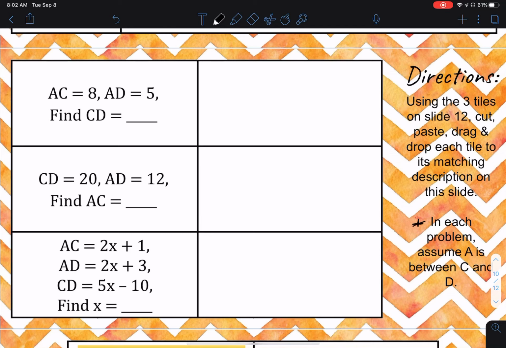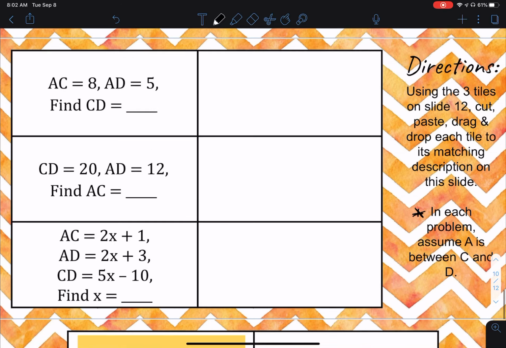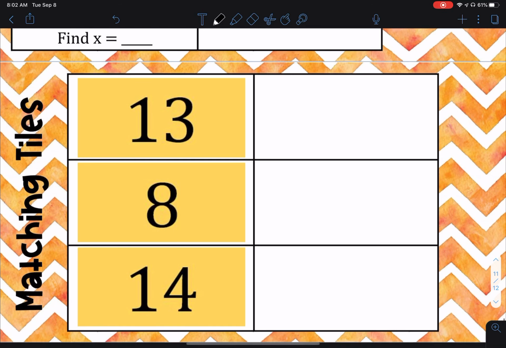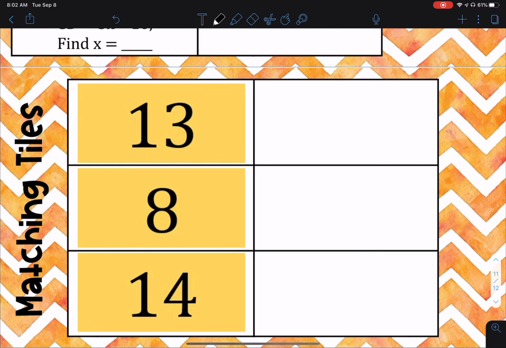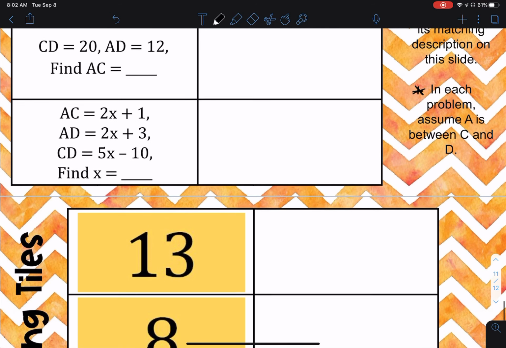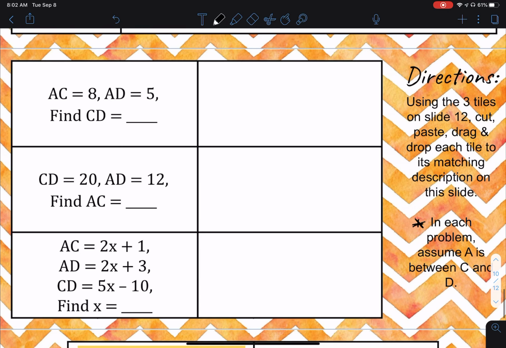Here are our answer choices, 13, 8, and 4. I'm not going to drag and drop them. I'm just going to solve in a little box for you guys. So I know I'm going to have 2 points.